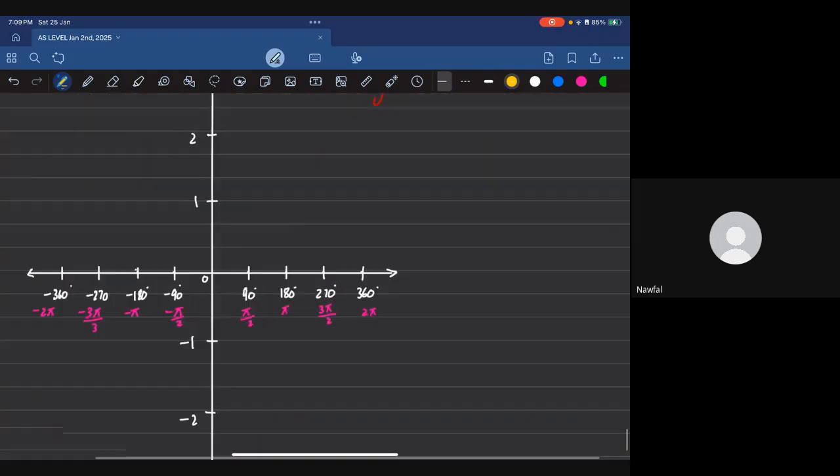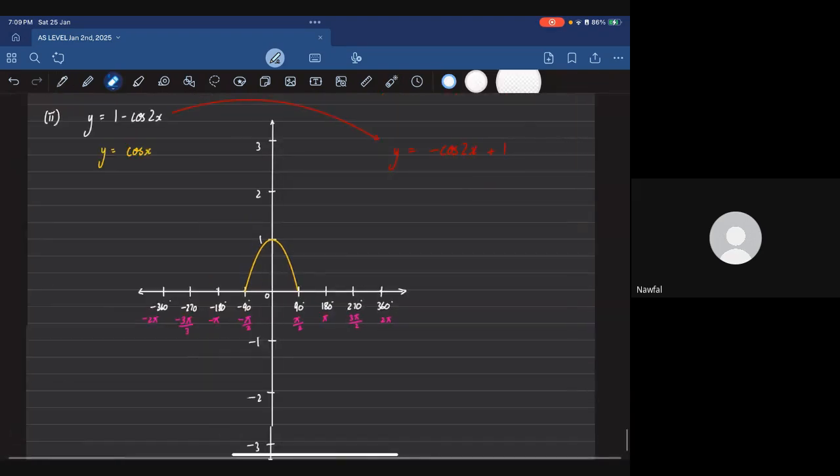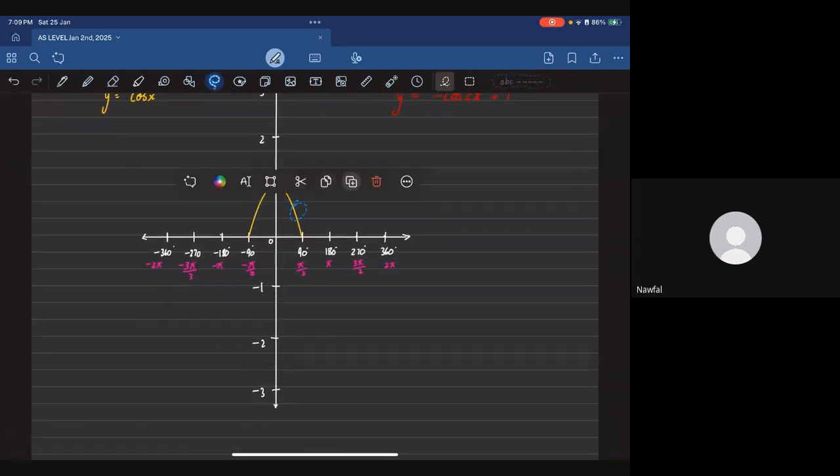I'll replicate it over here, and then just keep replicating it again and again.